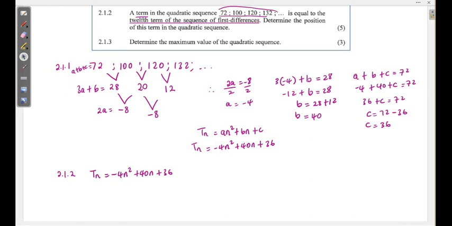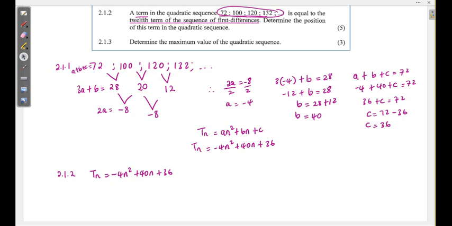Remember, this is the quadratic sequence we were working with. So they are saying a certain term in that sequence is going to be equal to the 12th term of the sequence of first differences.